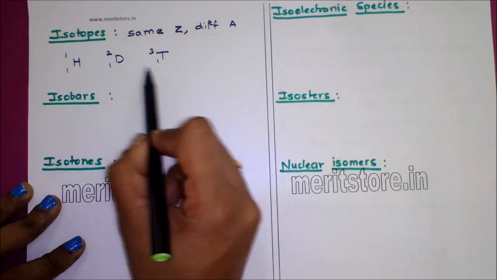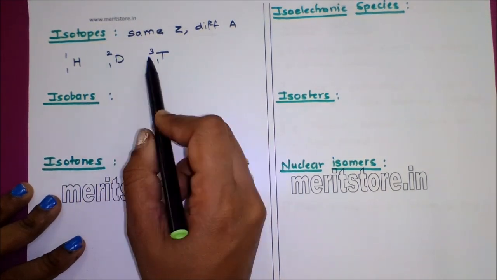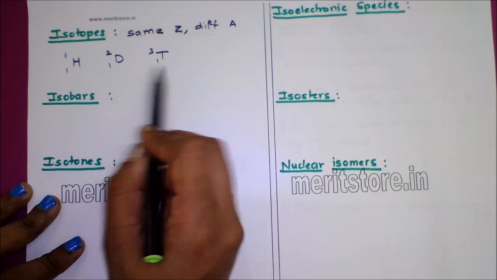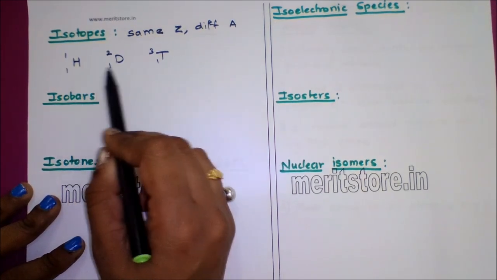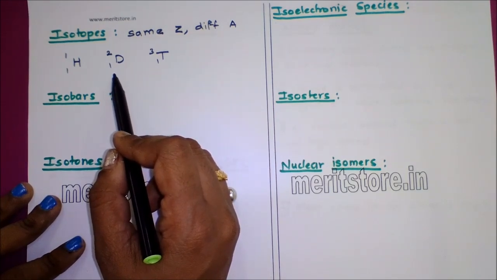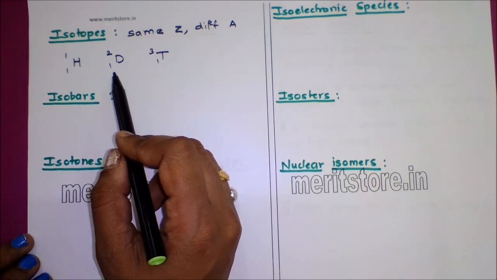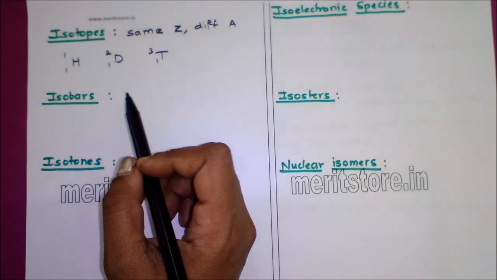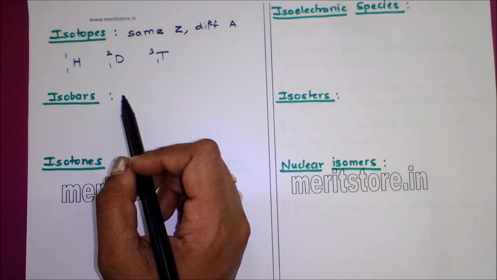So they have the same atomic number but different mass numbers, so they are called isotopes of each other. Since they have the same atomic number, they occupy the same position in the periodic table. Their chemical properties will be the same. Physical properties will be the same except for the mass.